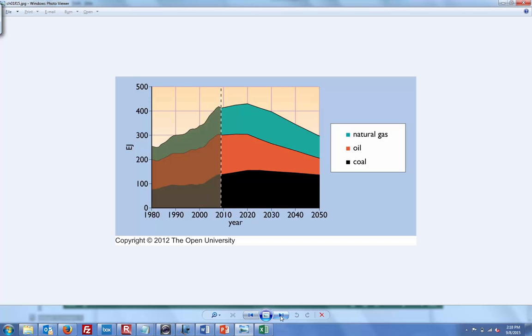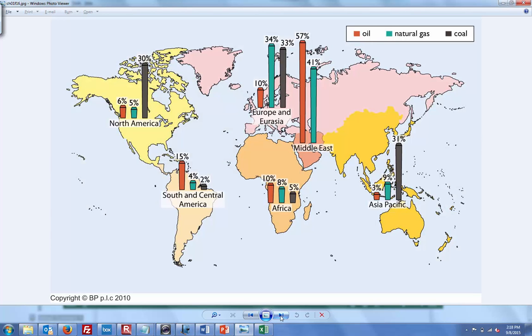Okay, now comes the political parts, because all of these natural resources are under somebody's soil somewhere, and we're looking at regional shares of world's proven oil, natural gas, and coal reserves. So the big black one there, North America, coal, something like 30% of North America's coal is actually within the boundaries of Montana.